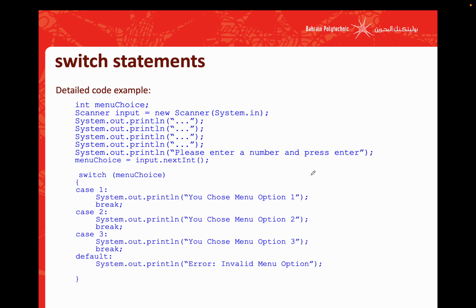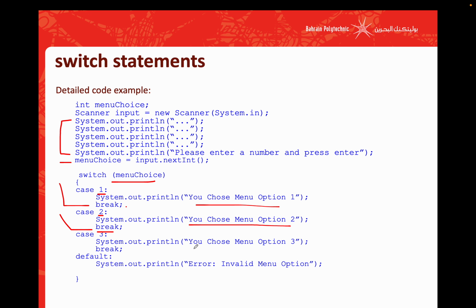And this is how it looks like in code. We present the user with a choice, a menu basically, from which they can choose. They give us their choice, we check which choice it is. So for example, if the value stored in the menu choice variable is 1, it will print you chose menu option 1, and with the break it will go back. If it was 2, it will print you chose menu option 2, and with the break it goes back.